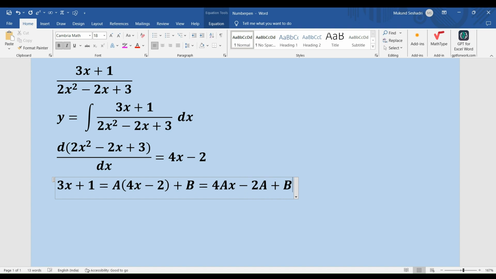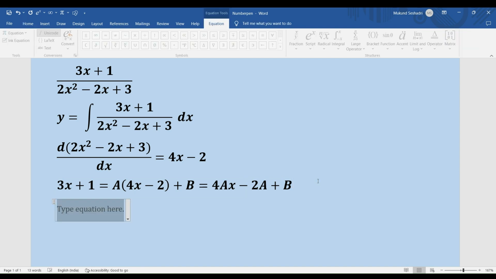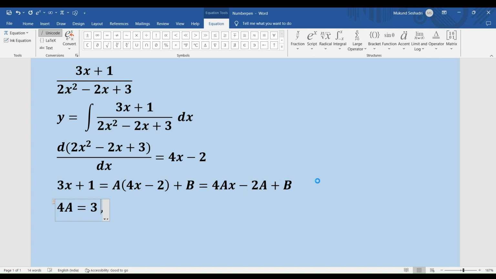Now the coefficient of x on my RHS is 4a and the coefficient of x on my LHS is 3. So let's write down that. Now, since I'm equating these two, what it means is my 4a equals 3, which means my a equals 3 by 4, right? That's step number one.